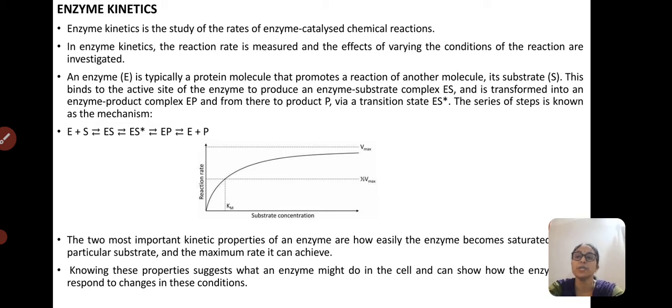The substrate binds to the active site of the enzyme to produce the enzyme substrate complex, ES, and is transformed into an enzyme product complex, EP, and from there the product via the transition state. The series of steps is known as the mechanism.